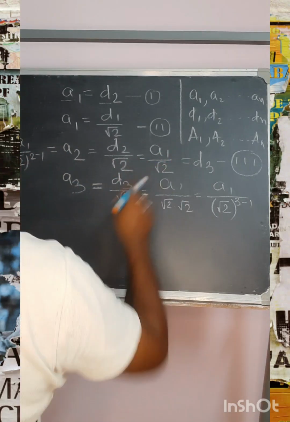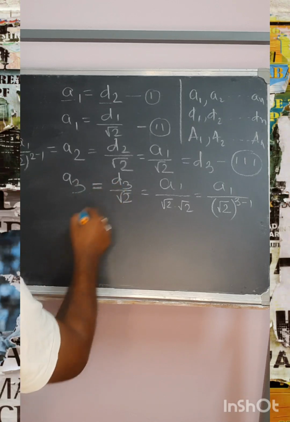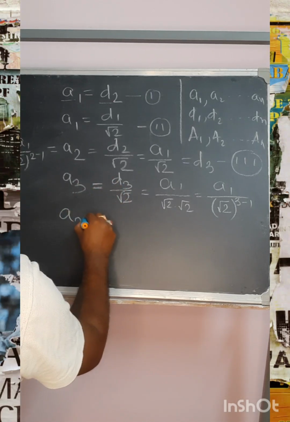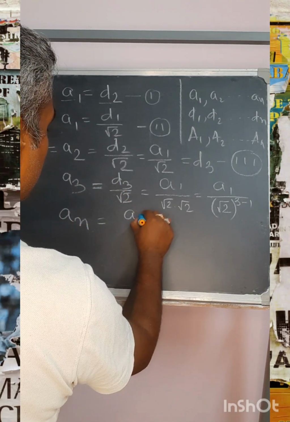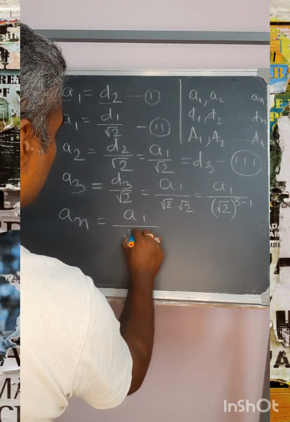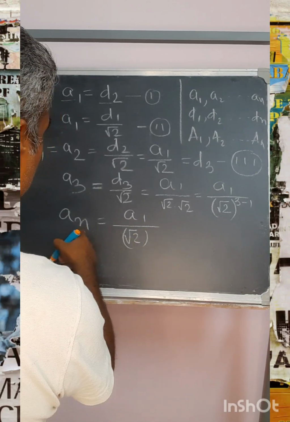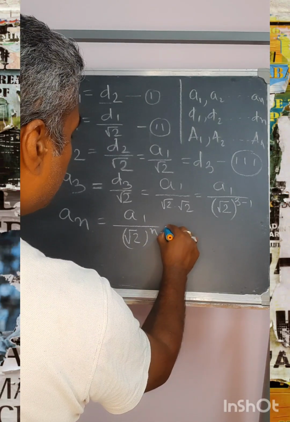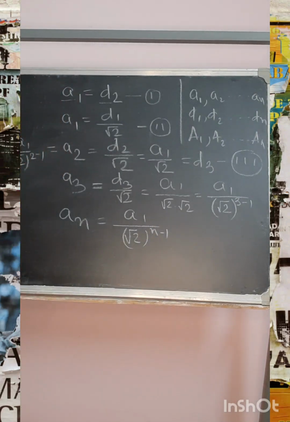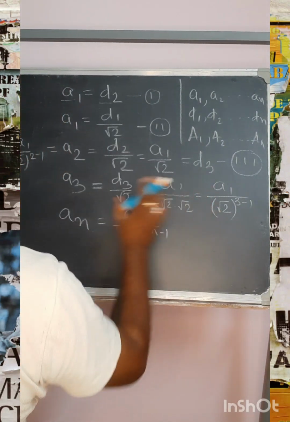So an will be a1 upon root 2 to the power n minus 1. Up to this I think it's very easy to understand.